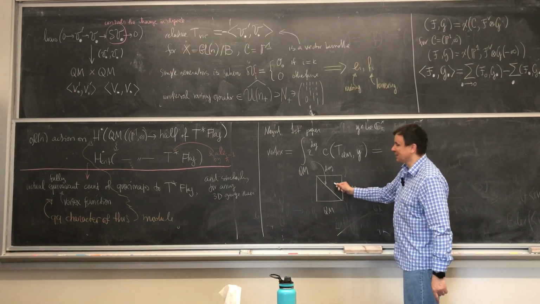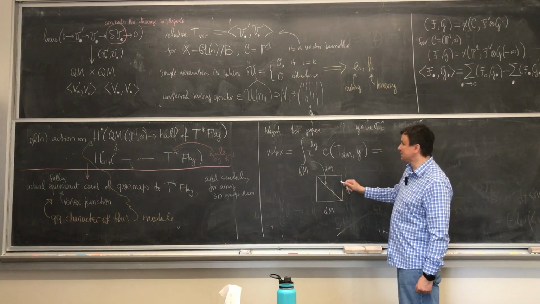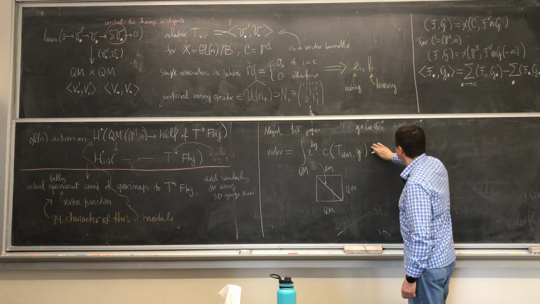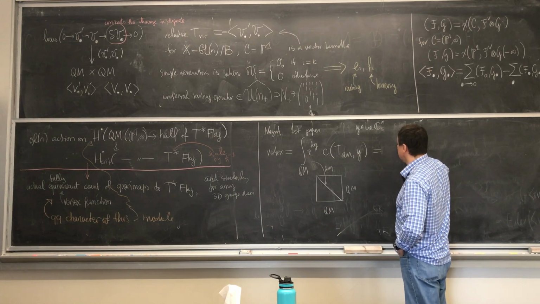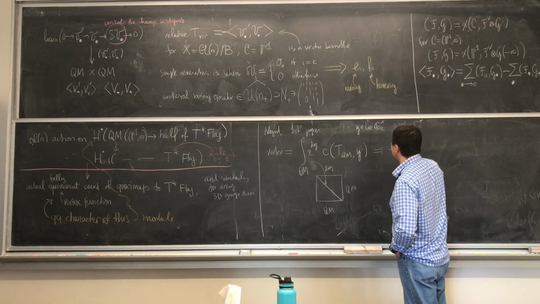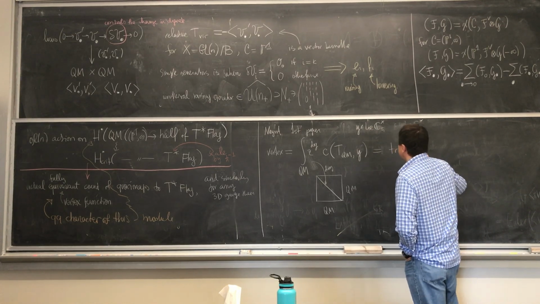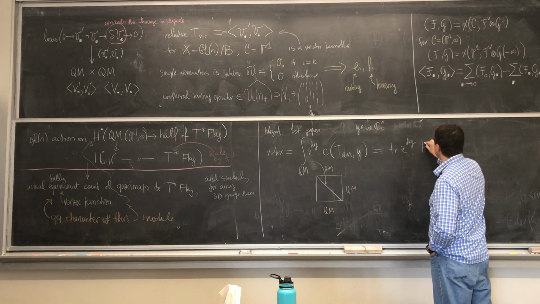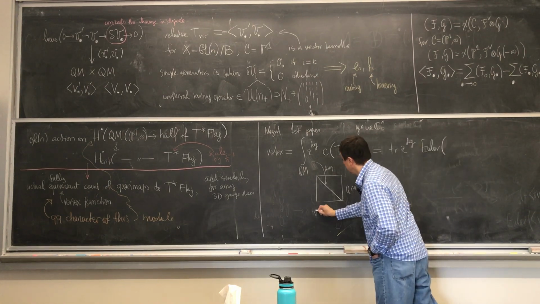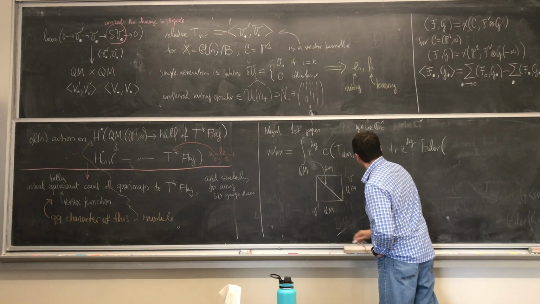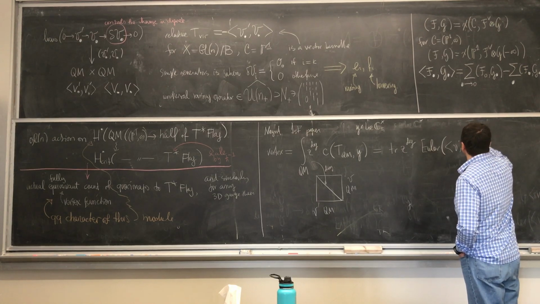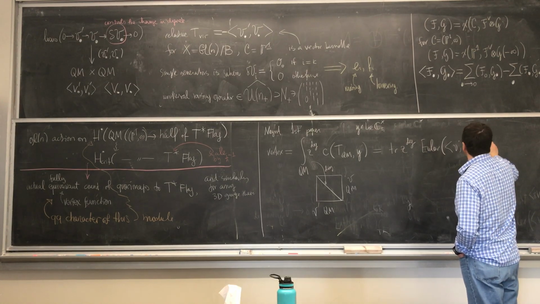And so what is this operator? This operator is just polarized. I take the trace, z to the degree, and then I take the operator which is the Euler class of this, if this is my V prime, and then I tensor.